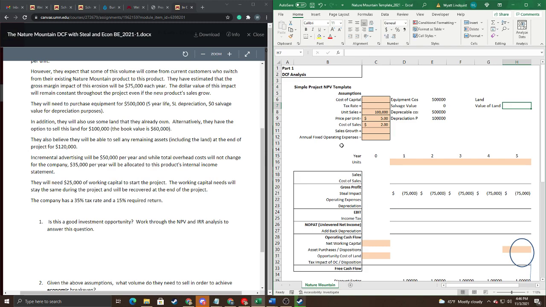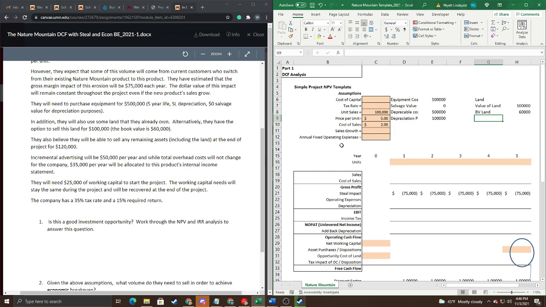So this is $100,000 that they could get in cash today if they sold the land. However, the land's book value is $60,000, meaning that the land was originally purchased and made ready for use for $60,000. So that's what they have on the book. Remember, land can never be depreciated.